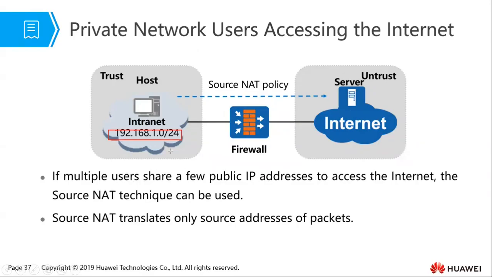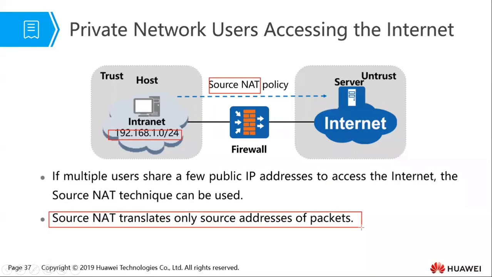Now, most of the time we use what we call source NAT. Source NAT translates only the source address of the packets, from a private IP address to a public IP address.